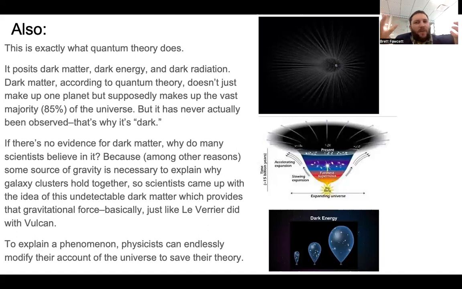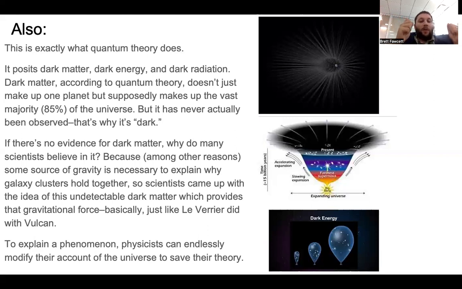They suggest that there must be some undetectable dark matter, that there's lots and lots of it, and that it's generating gravity that holds it together and explains this phenomenon we can see. It's basically exactly what Leverrier did with the planet Vulcan. There has to be some source of gravity that causes these effects that we can see. So I'm going to posit this thing there was no evidence of yet. Right. Also, what he did with Neptune, where he turned out to be correct, right?